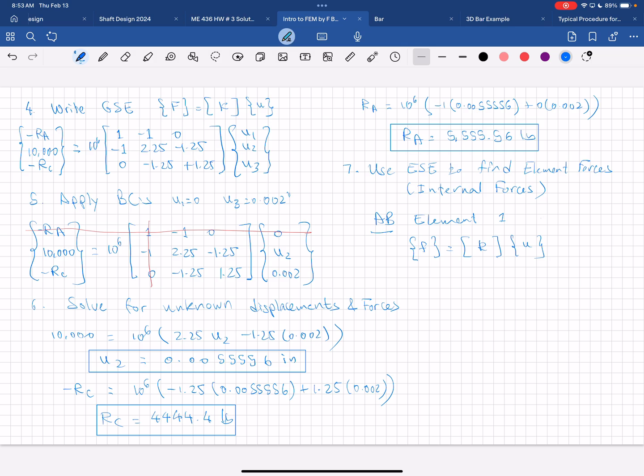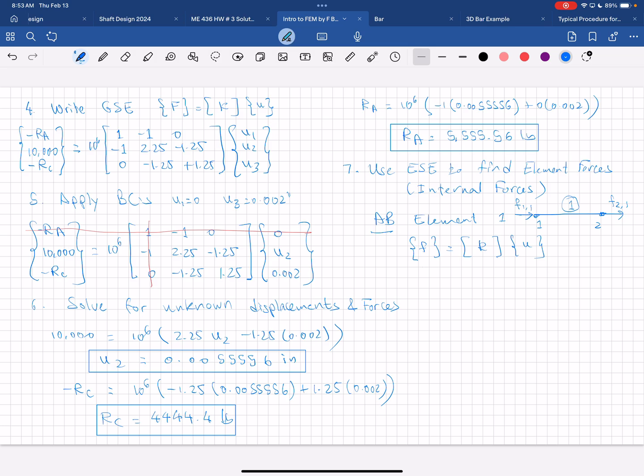So if I sketch the element, if this is element 1, I'm going to have an element force F11 at node 1, and at node 2, I'm going to have another element force F12 for element 1.